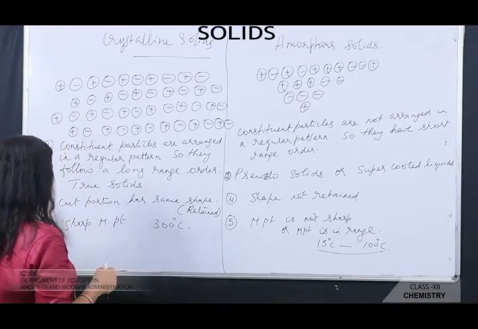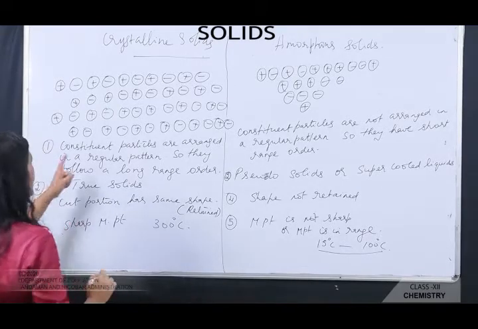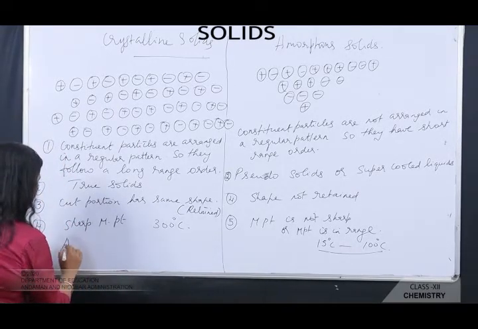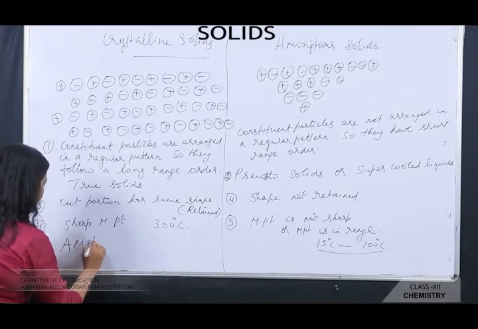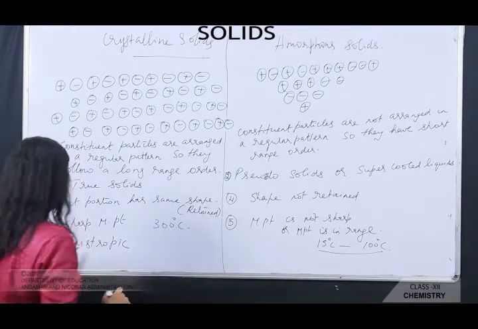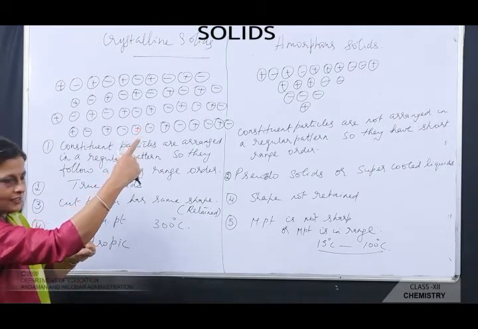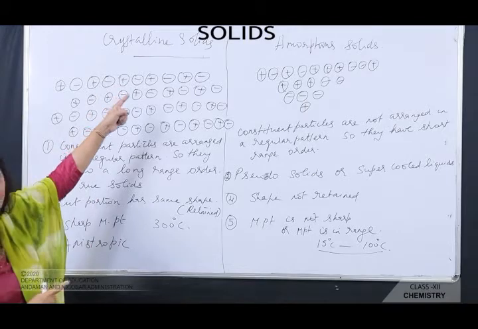So these are the 4 properties, and then the last one is that crystalline solids are anisotropic. See, all of you get confused with this point because the word starts with A, so you think that it is related to amorphous. No, it's related to what? Crystalline solid.